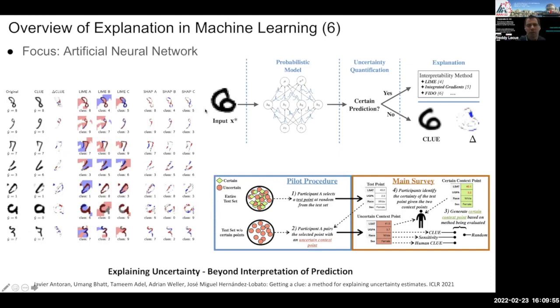In the example of the 6, the stroke closing the loop of the 6 is going towards the 8, and that's where you have the uncertainty when you do classification. If you look at the pixels responsible for it, it would be the one closing the loop. So that's a 6, but if there were more attention in here, it should actually be an 8.